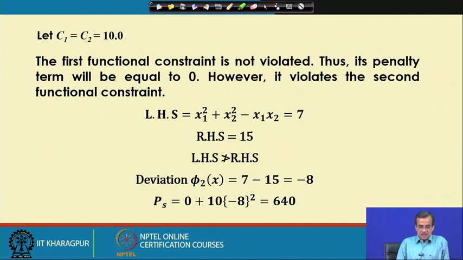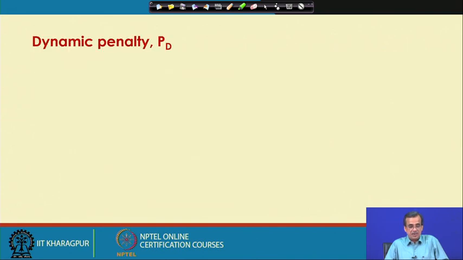So, I can find the amount of static penalty: it is 0 for the first functional constraint, because there is no violation there, and for the second functional constraint it is 10 multiplied by minus 8 square, and we will get 640. So, this is the amount of the static penalty. This is the way we calculate the penalty value using the static penalty approach.